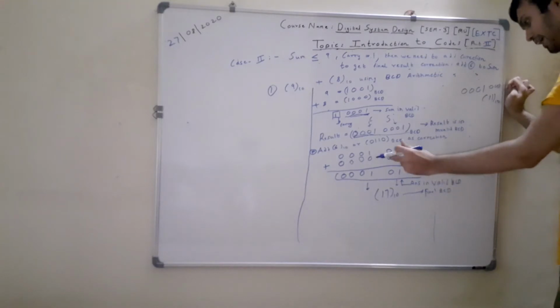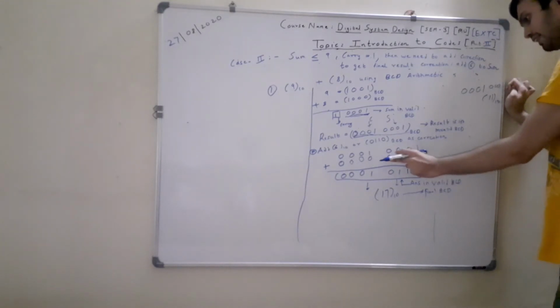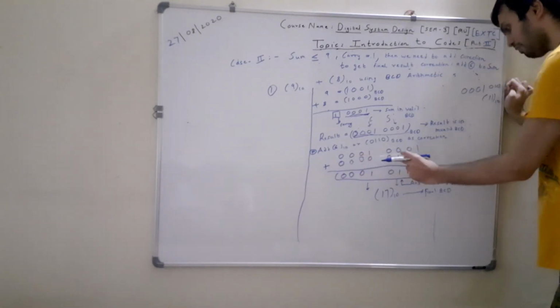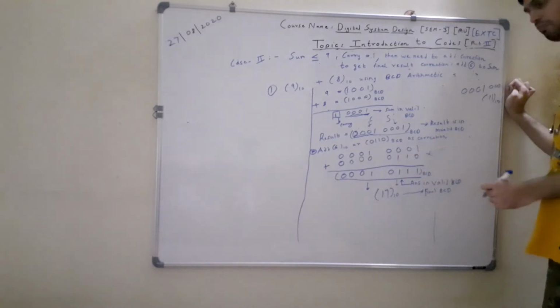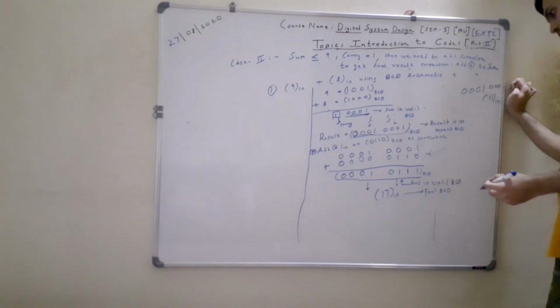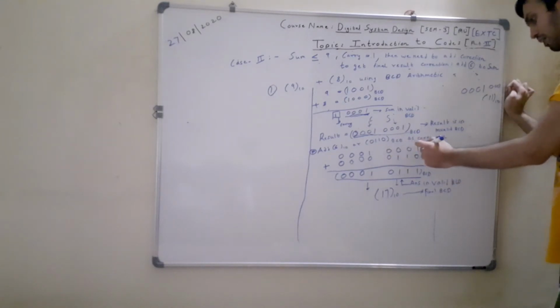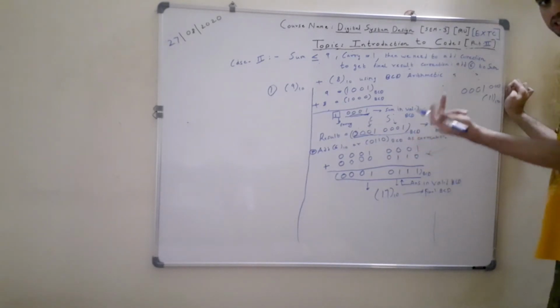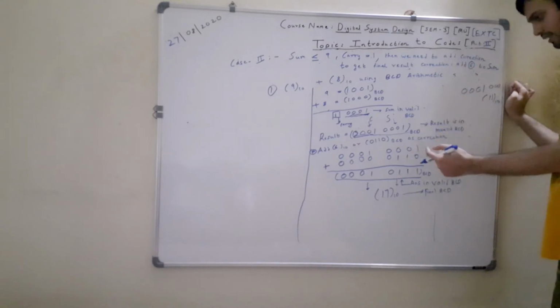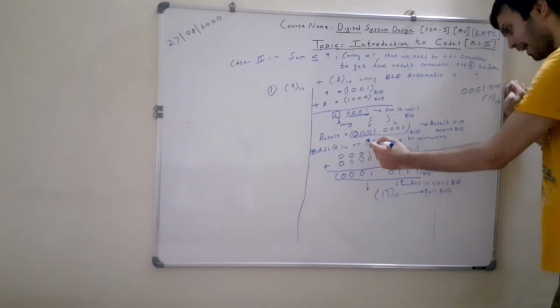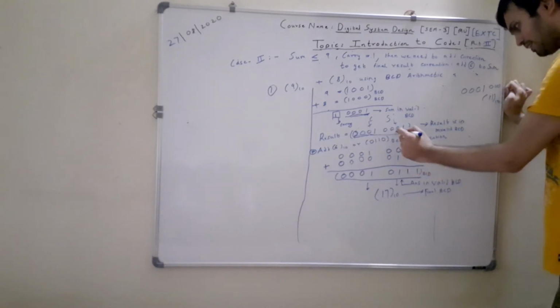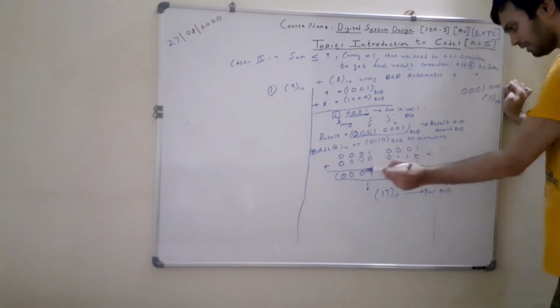This will be the 8-bit representation for that, which is why I have written four 0s and then 0110. This is nothing but the 8-bit representation for the BCD number, because we had a 2-digit decimal number in the result. And then we added 6 to it. This was the result and we added the BCD representation for 6.